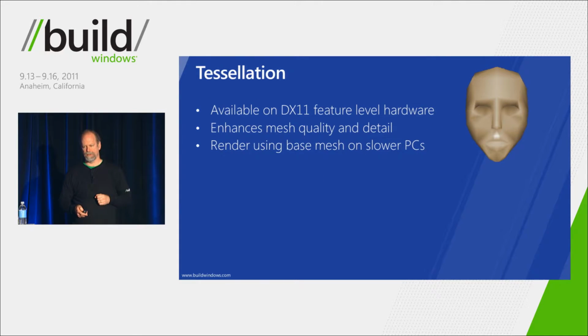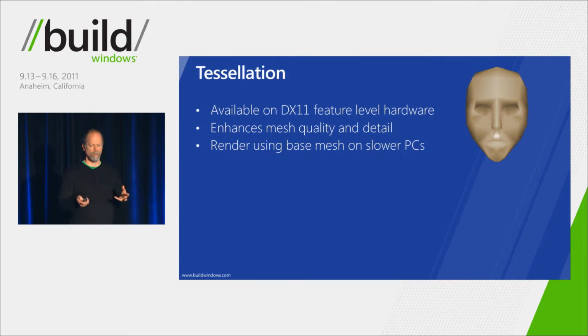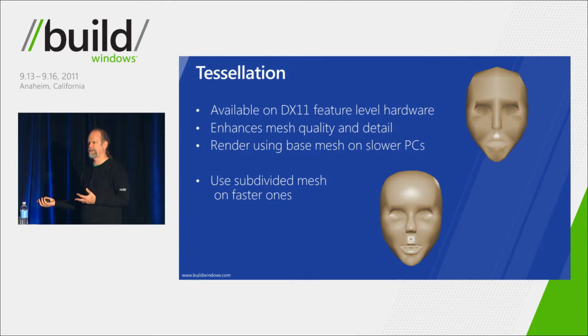So one of the techniques at the high-end level we're talking about right now is this concept of tessellation. And what it means is that if I'm running on a power-efficient system, trying to use minimal CPU resources, I may not put a large number of polygons on some of my assets. But on the other hand, if I've got a system that's got some of the more advanced DX11 functionality, I don't necessarily have to create a whole new set of assets for my game or my three-dimensional application.